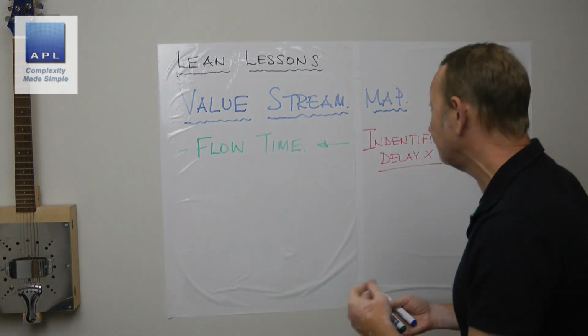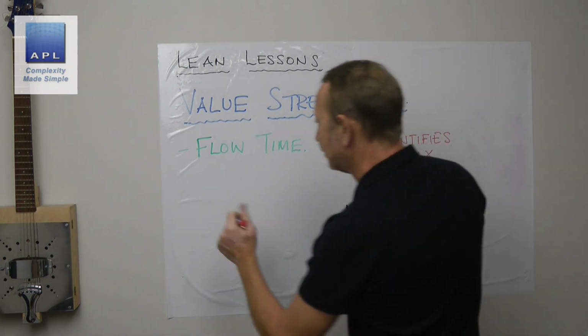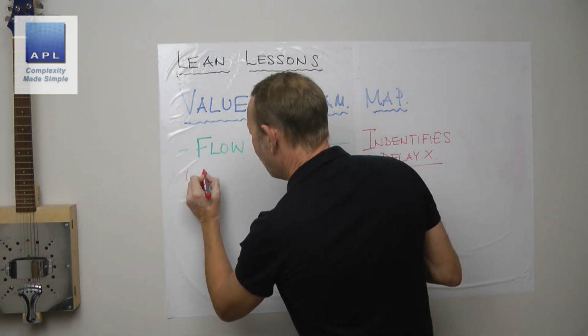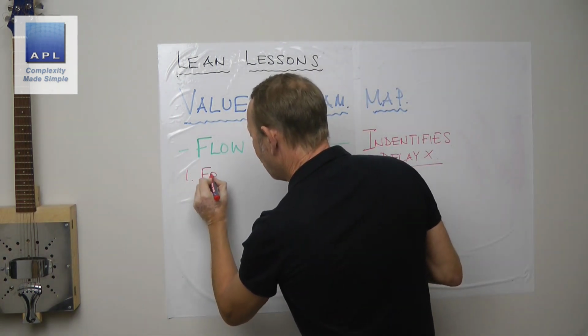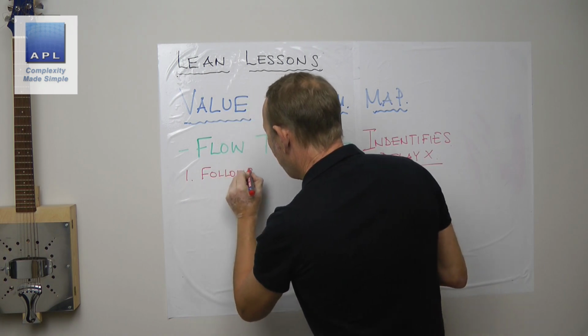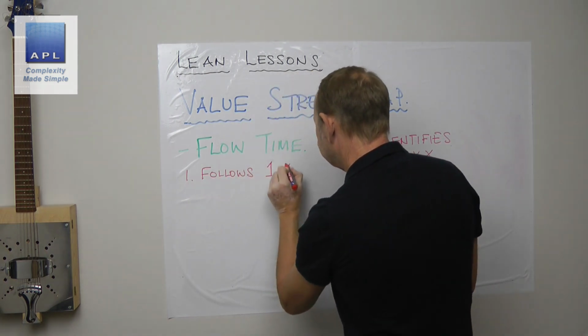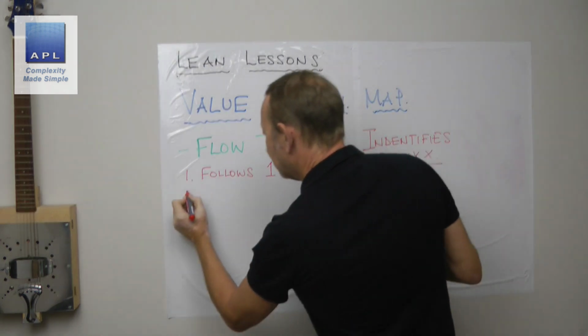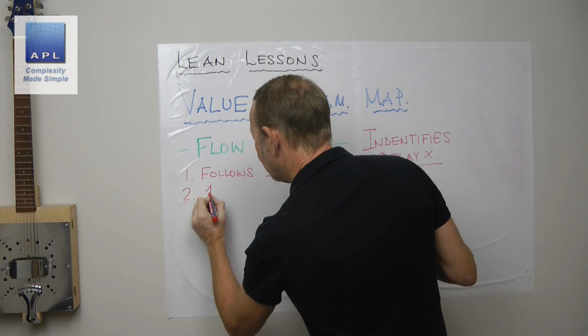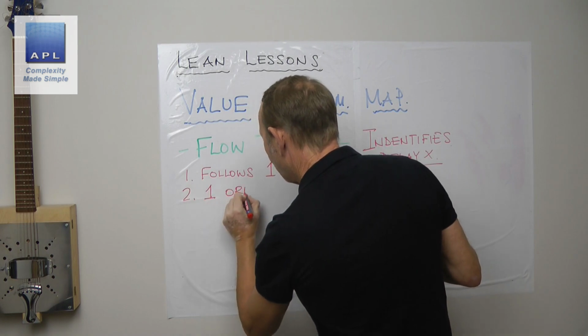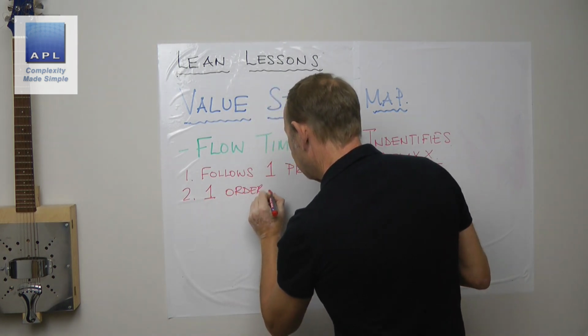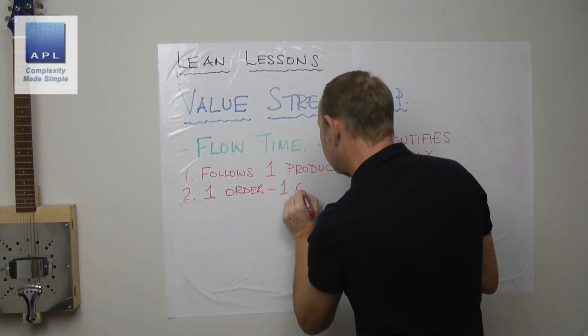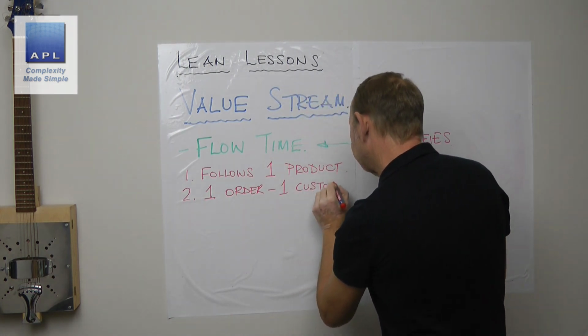So some important features about a value stream map. Number one, it follows one product. It follows one order for one customer.